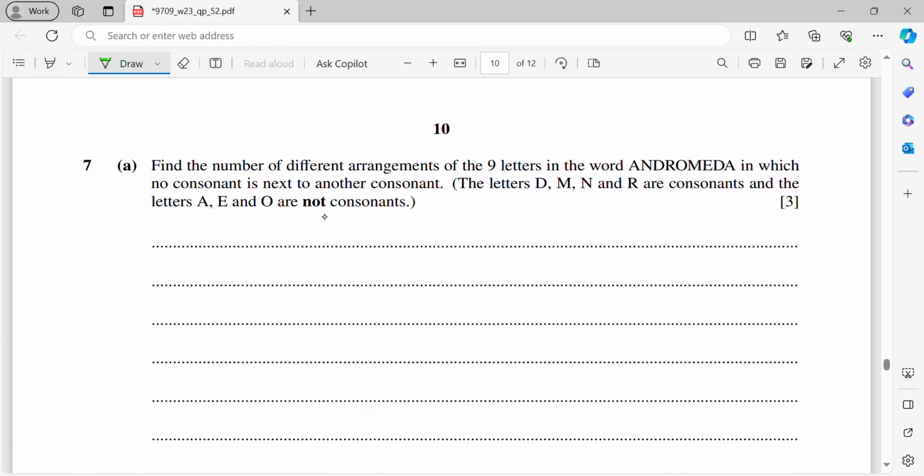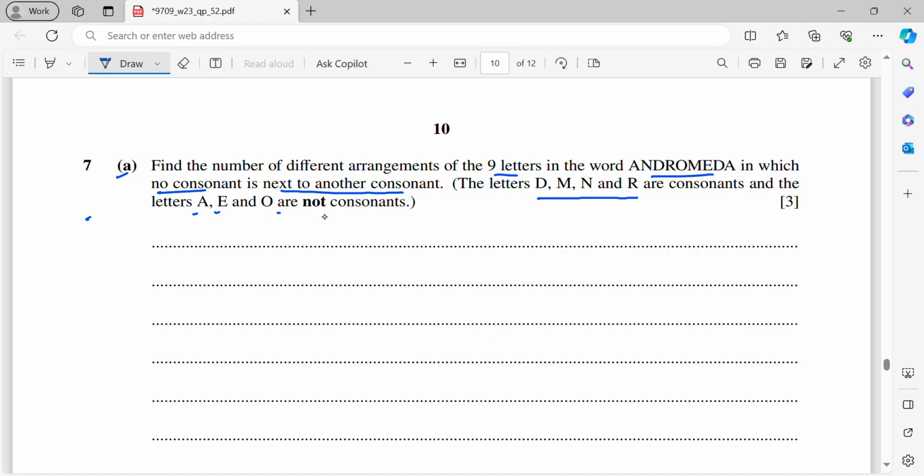Right, now for question number 7. A, find the number of different arrangements of the 9 letters in the word, in which no consonant is next to another consonant. So D, M, and R are consonants and A, E, O are not consonants, which means they're vowels.